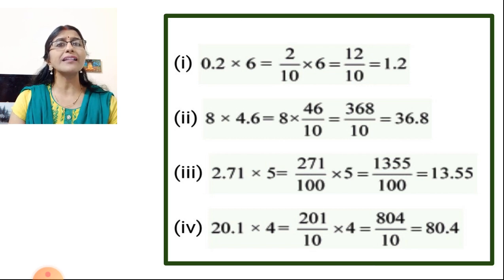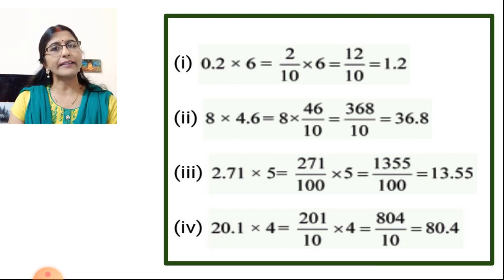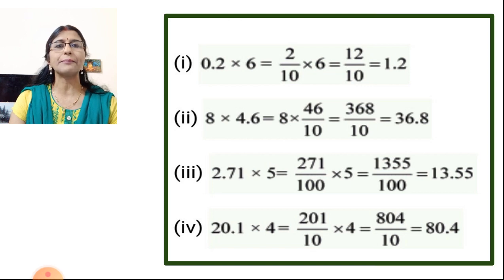Here we can't see any denominator, so you can assume 1 there. So 0.2 divided by 1 will be multiplied by 10. Both numerator and denominator will be multiplied by 10. When you multiply 0.2 by 10, you will get 2 because the point will be removed, and in the denominator 1 is there, which we have assumed.